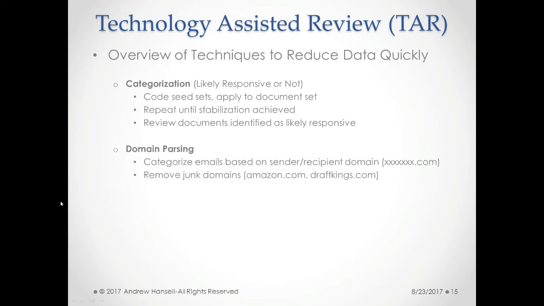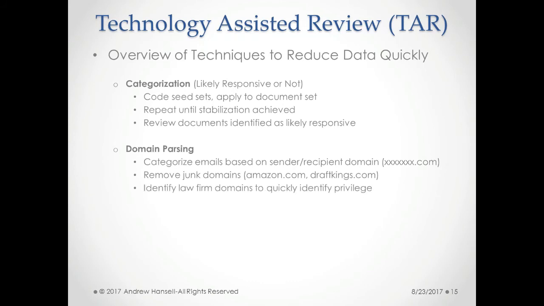This can be helpful to remove junk domains if you don't have good filtering on that, so you can quickly remove emails that you know aren't going to be relevant, that are newsletters or automated, or just not going to have relevant information, so they're just clogging up your database and your process. You can pull those out.